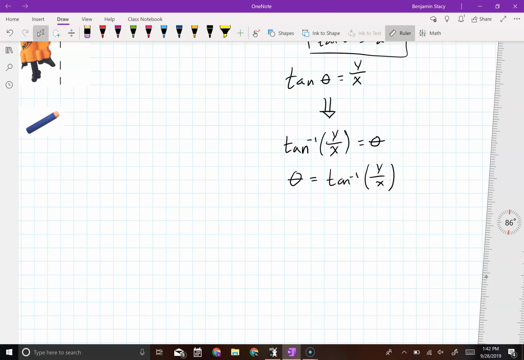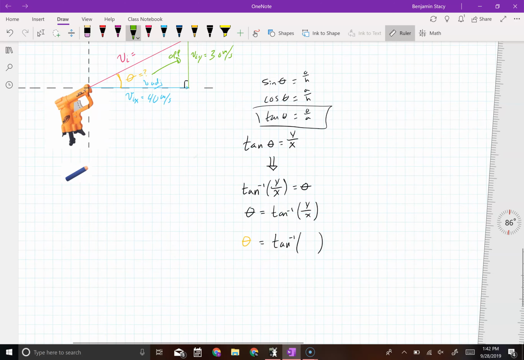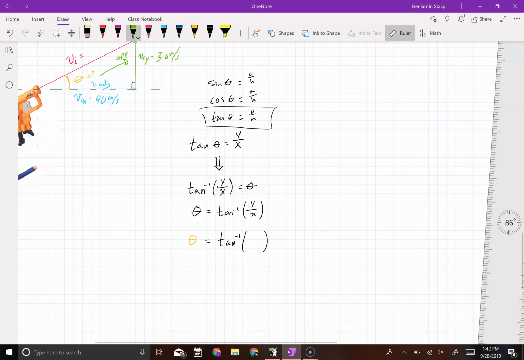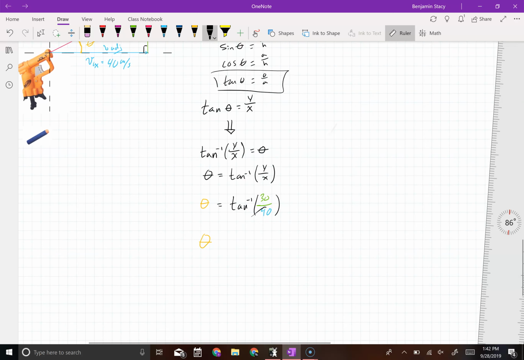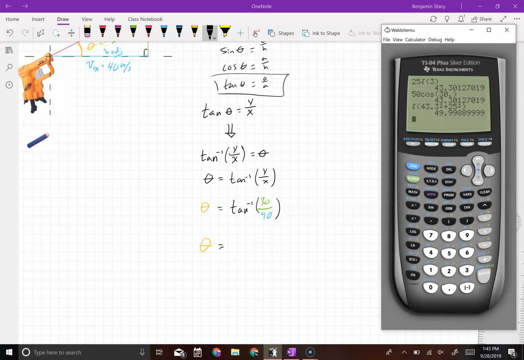It's the arctangent. Okay, so in this case, we have our angle theta that we want to find. We know that our tangent function relates the opposite to the adjacent side. So for us, on the opposite side, we have in green 30 meters per second over our adjacent side, 40 meters per second. And so our angle should be, I have no idea, probably like 37 or something.